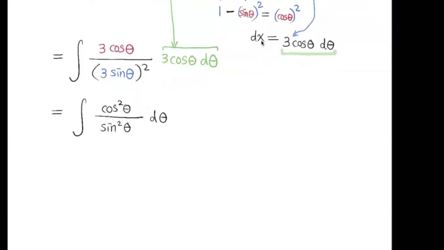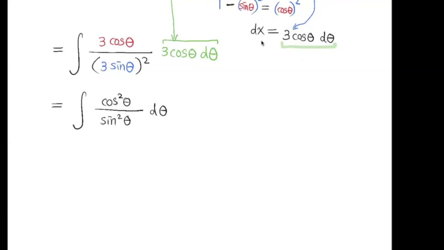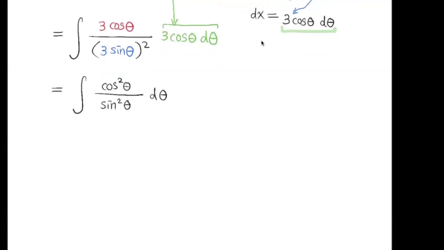Now, cosine over sine. What's cosine over sine? Cotangent. Sorry, it's cotangent. And this is squared, so it is cotangent squared.